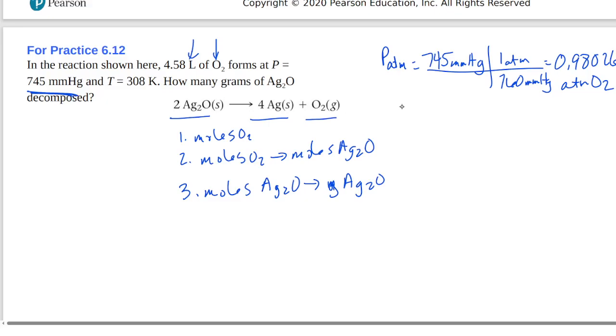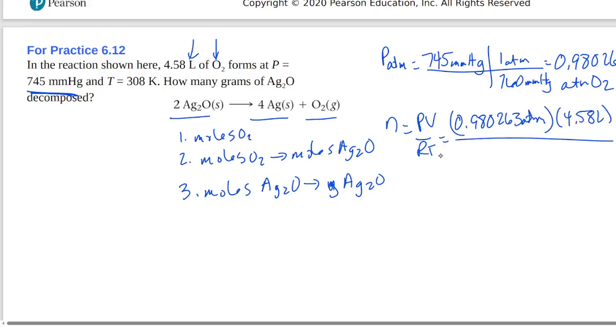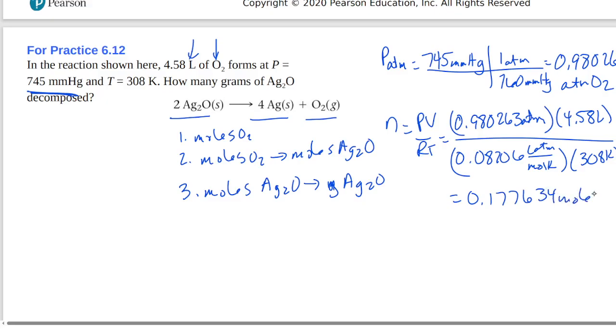We know that PV equals nRT, so n is equal to PV over RT, which is equal to 0.980263 atmospheres times V, which is 4.58 liters, divided by 0.08206 liters atmospheres per mole Kelvin, that's our gas law constant, times 308 Kelvin equals 0.177634 moles of O2.